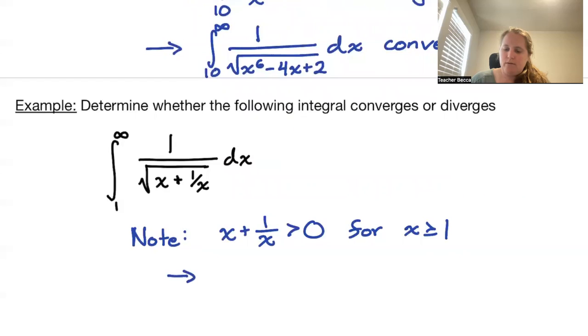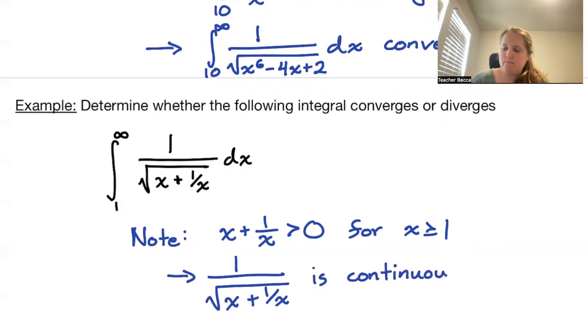And so we have that 1 over the square root of x plus 1 over x is continuous on the interval from 1 to infinity.